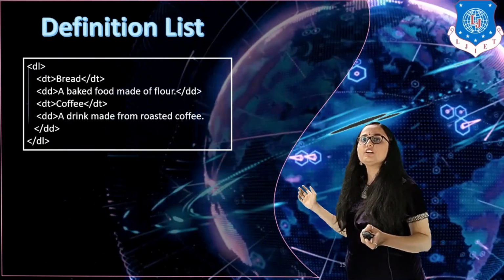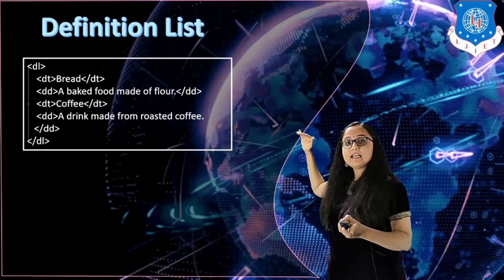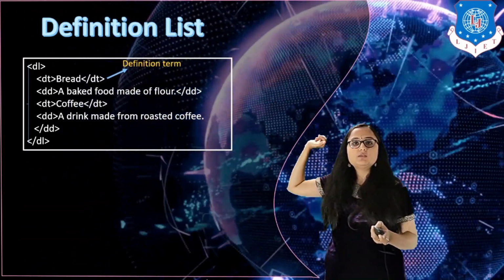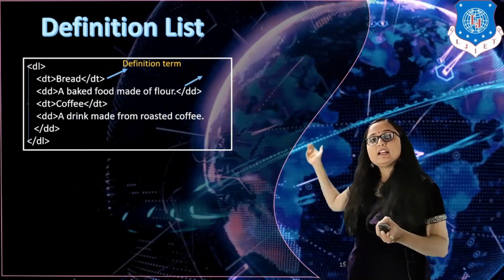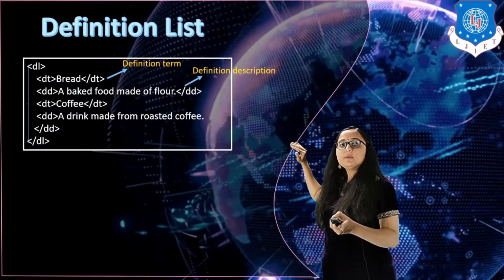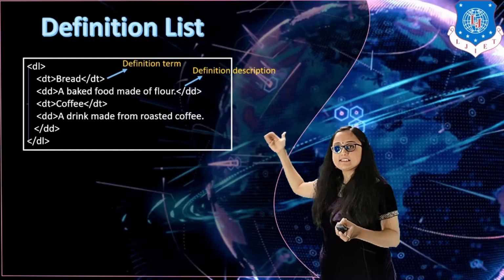Here is an example of a definition list. Here you can see my parent tag is DL, and inside DL the first is the definition term, and inside it I have written one term, and corresponding to that term I have written the definition description. Similarly, I have taken a second DT and the description for that second DT.